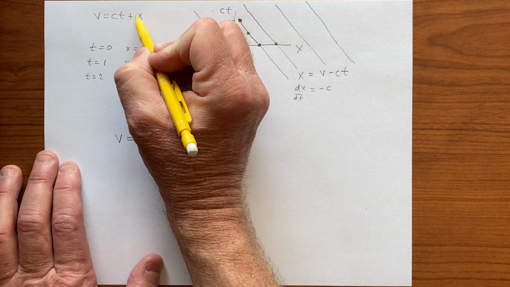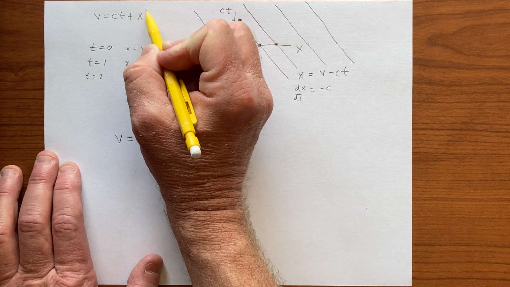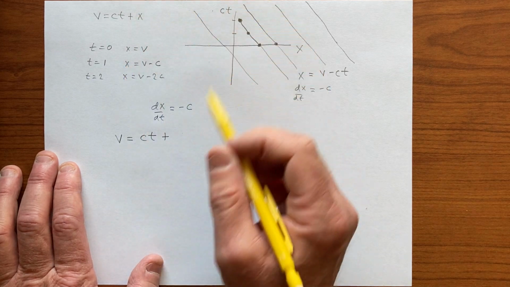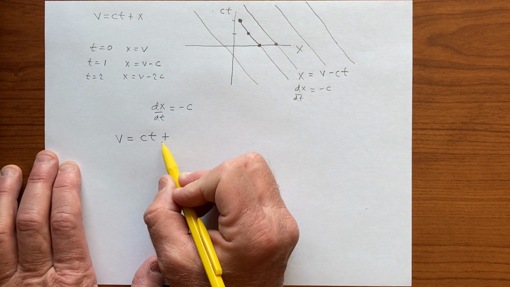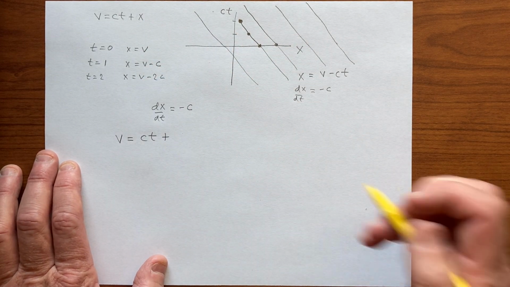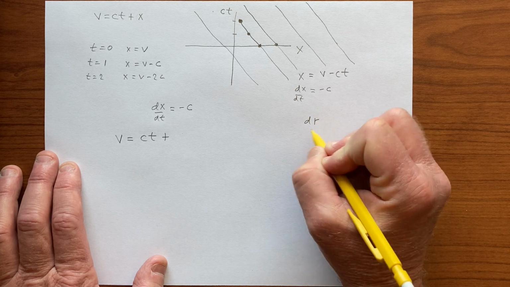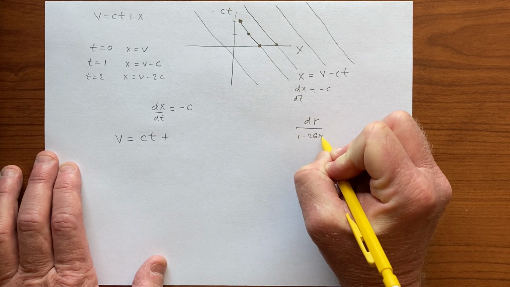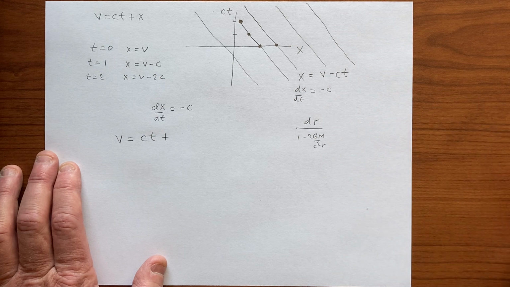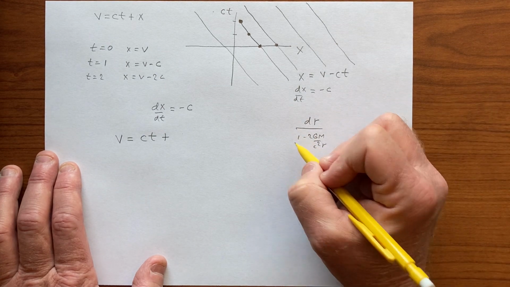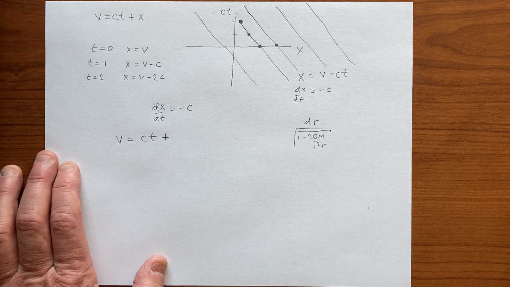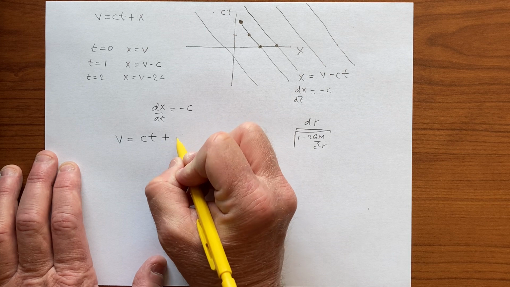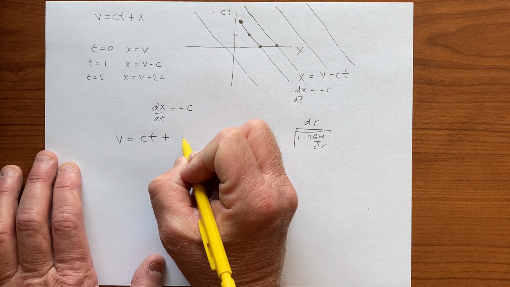But the corresponding distance in the rt space involves integrating dr over the square root of 1 minus 2GM over c squared r. So this is the quantity that gives us the distance.